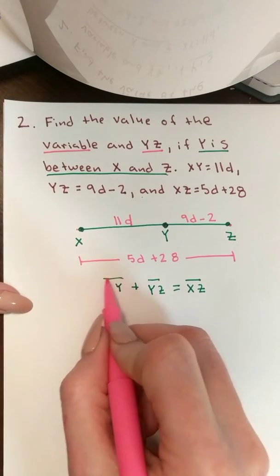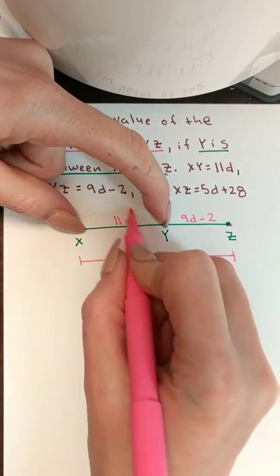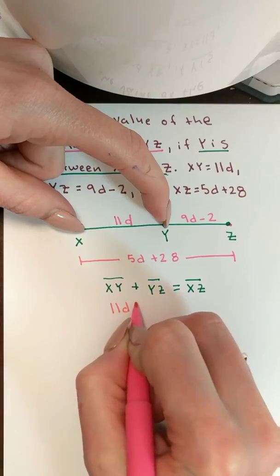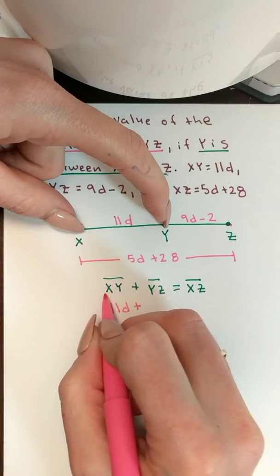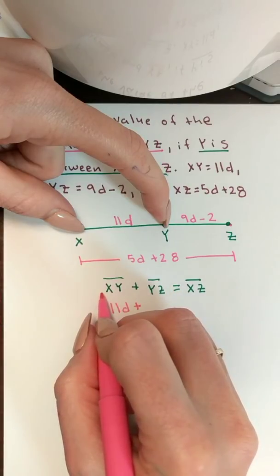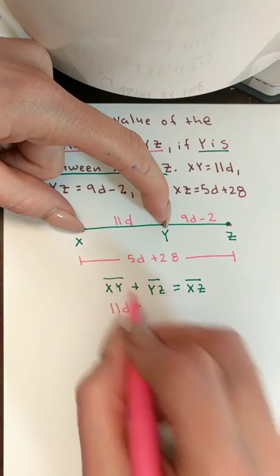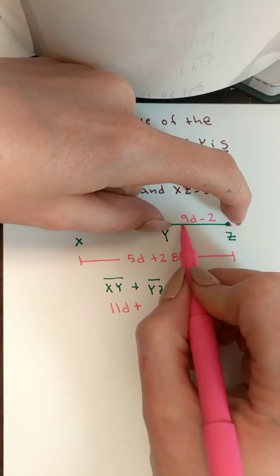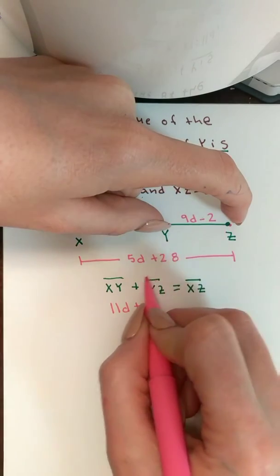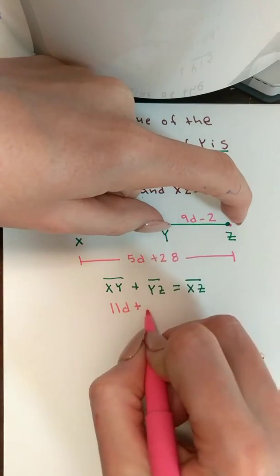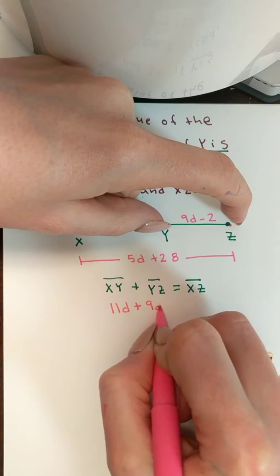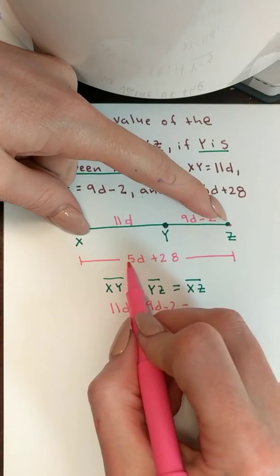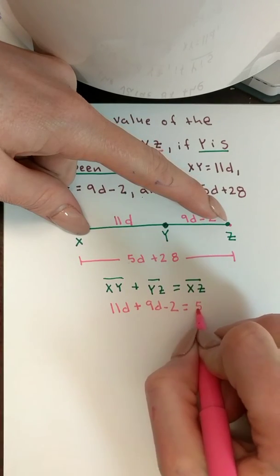We know XY equals 11D, so I'm going to replace XY with 11D. We know YZ is 9D minus 2, so I'm going to replace YZ with 9D minus 2. And then XZ is 5D plus 28.